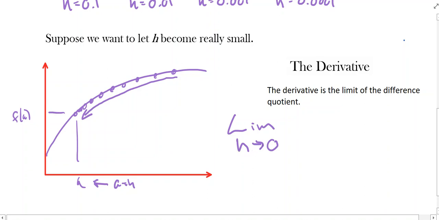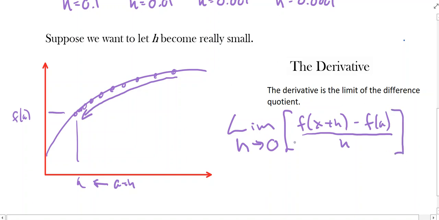It's approaching 0, of the difference quotient. Then we have what is referred to as a derivative. And this is the definition of the derivative. The derivative is the limit of the difference quotient as H approaches 0.